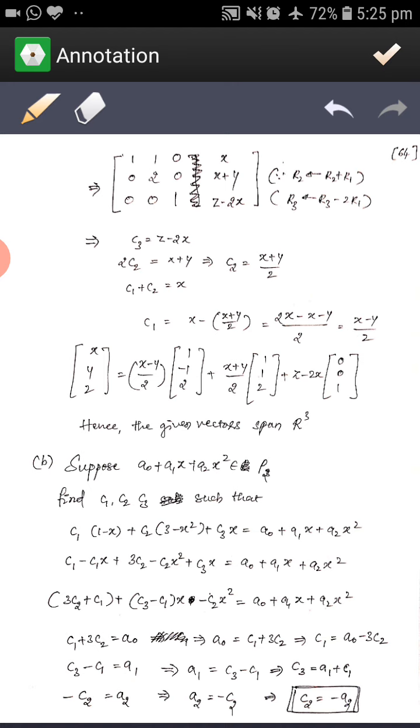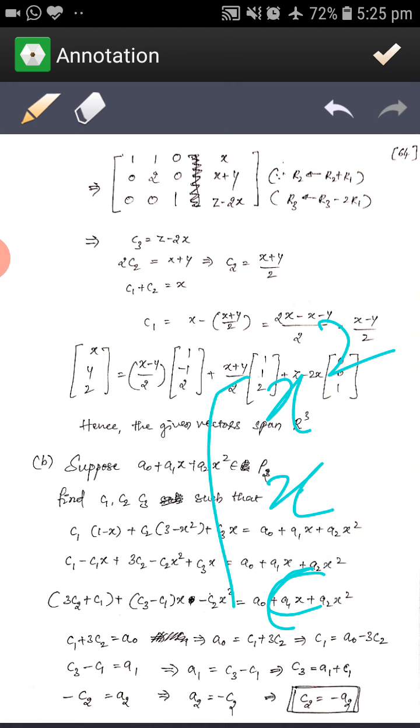Otherwise, the same problem with 1 minus x and 3 minus x² and x, similarly we can write in vector form also. For example, x², x and the constant, you can write x², x and whatever constant is there. In that case the three elements in vertical, we can write in matrix v1 v2 v3.